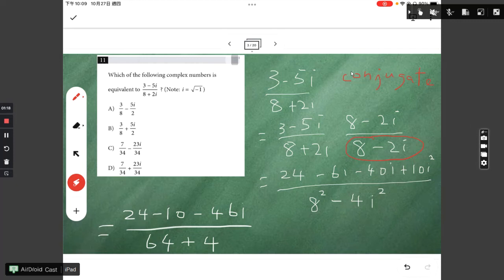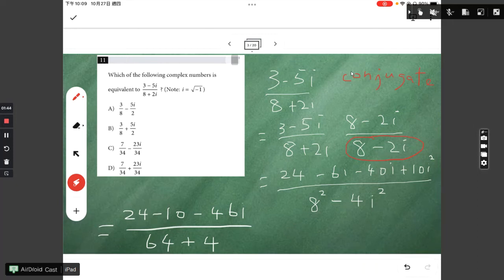So we artificially create a fraction that has the conjugate of this complex number in both the numerator and the denominator. We can do that because the numerator is the same as the denominator, so implicitly it is 1.